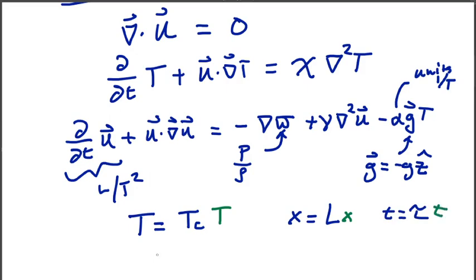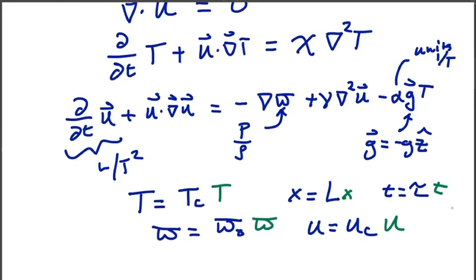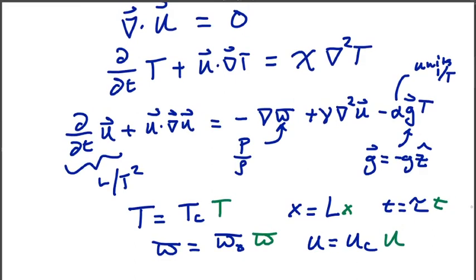We also have our variable pomega. That's going to be equal to some pomega naught, our characteristic pomega, which we're going to see is arbitrary, and a non-dimensional pomega. And we have our velocity u, which is equal to some characteristic u times our non-dimensional u. Now, the characteristic u is a little special because in this case, u is actually given by an evolution equation.